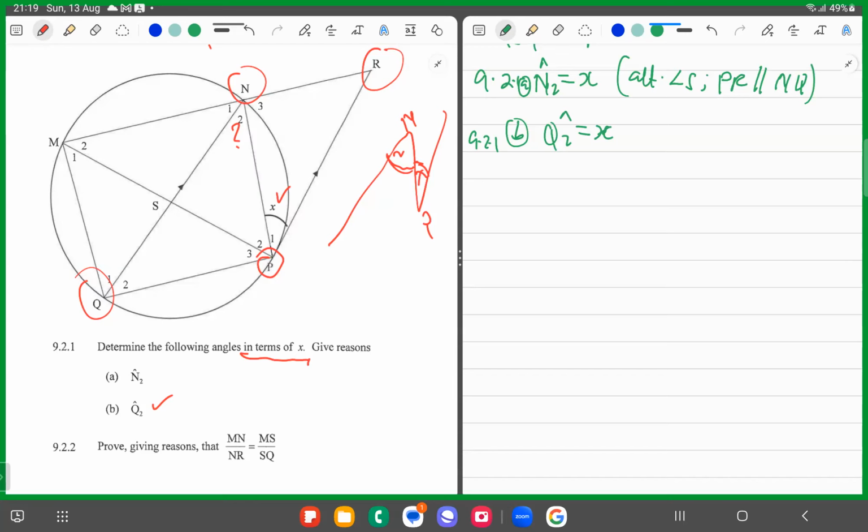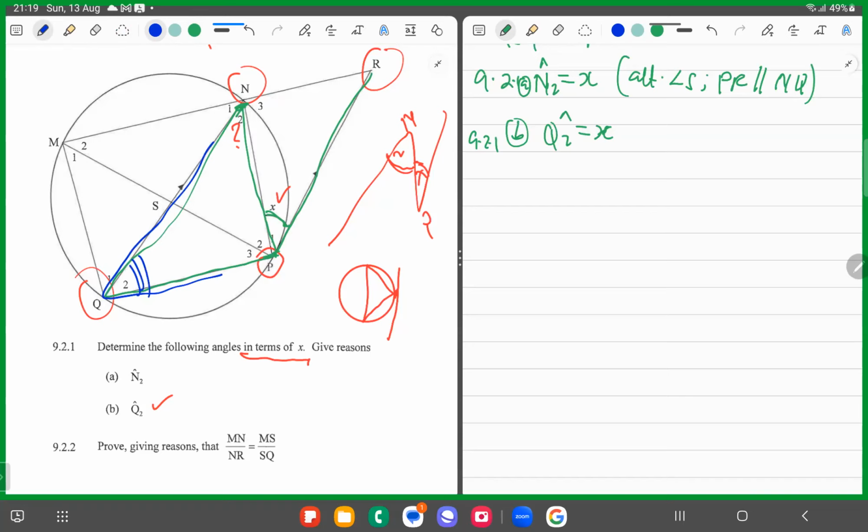Tan-chord theorem. Because in mathematics, when you have a tangent like this, the angle between the tangent to a circle and the chord equals the angle subtended by this chord, and this chord here subtends angle Q2.